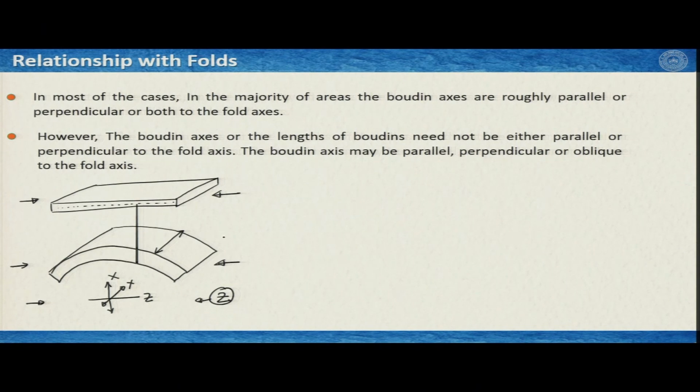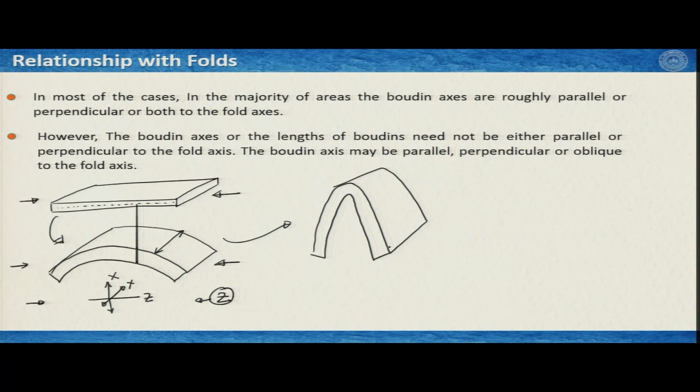Now, with further deformation, if we assume the next stage, the fold would produce a tighter fold, and then we will see very nicely, if the orientations are the same, this is your z, this is your y, and this is your x, that the limbs of these folds are slowly orienting themselves along the principal extension direction.